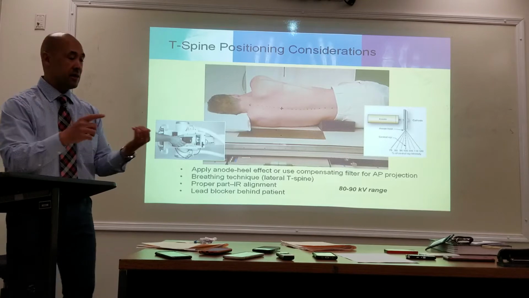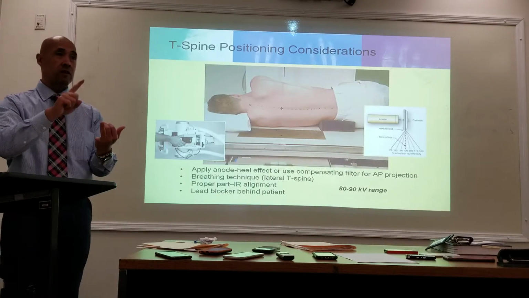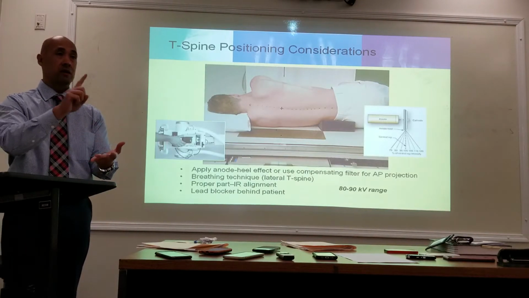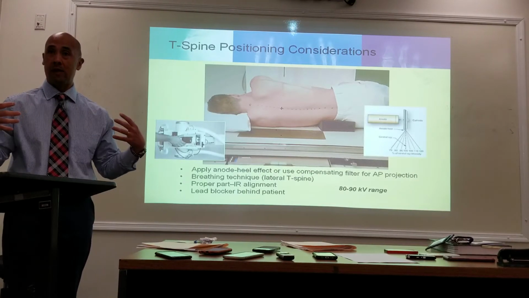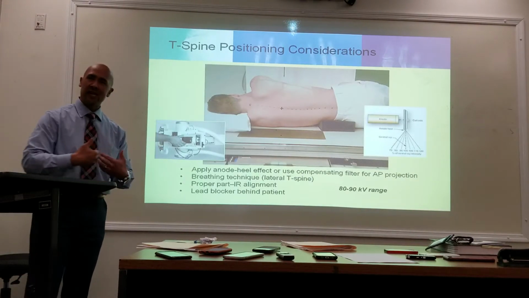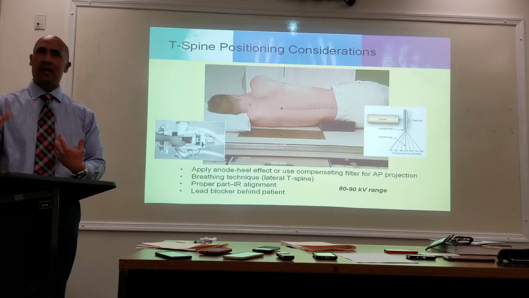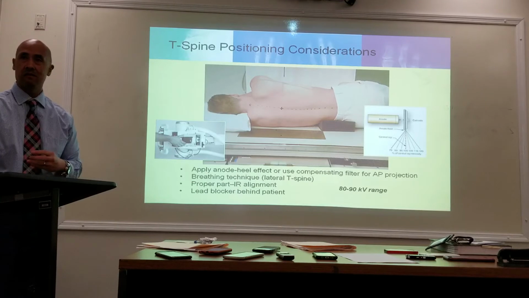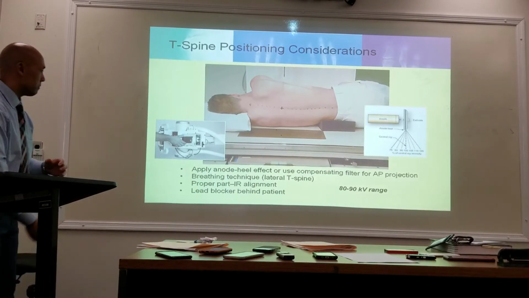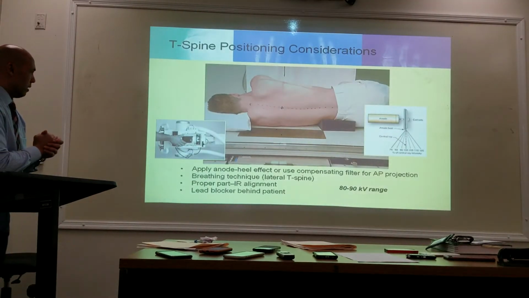We want a gray that identifies the bone from the heart, from the lungs, from the liver. So there are more body parts, we want more grays. But now that we're only looking at the spine, we want higher contrast. So we're going to use lower KVs. Okie dokes.